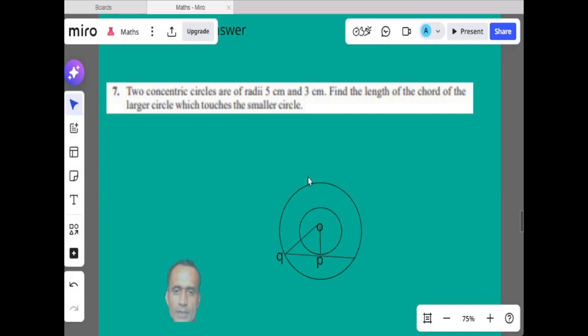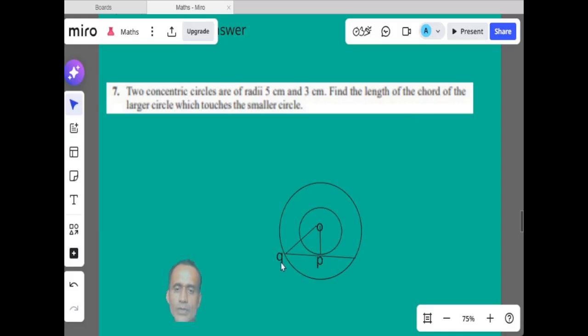OQ is the radius of the larger circle, and OP is the radius of the smaller circle. So we are given OQ and we are given OP, and we need to find QP and the length of the chord.